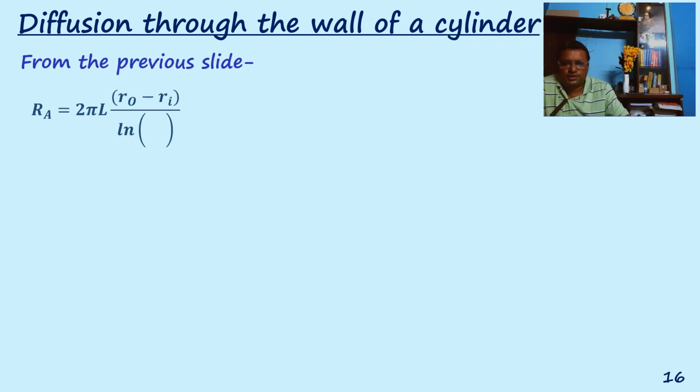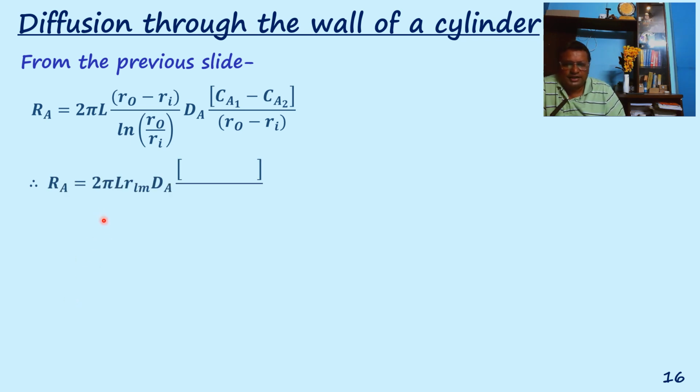Okay, so next we just got this equation. Ra is equal to 2 pi L R0 minus Ri divided by ln of R0 upon Ri into dA into Ca1 minus Ca2 divided by R0 minus Ri. Now I will write it in a different form once again. So it is Ra is equal to 2 pi L RLM.